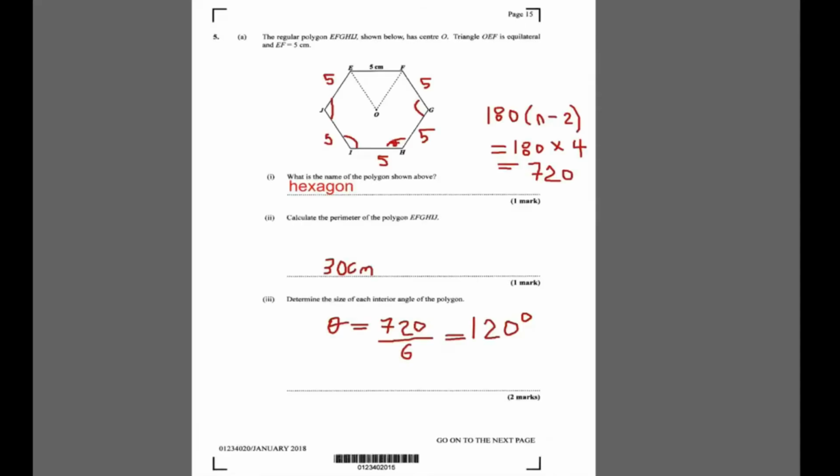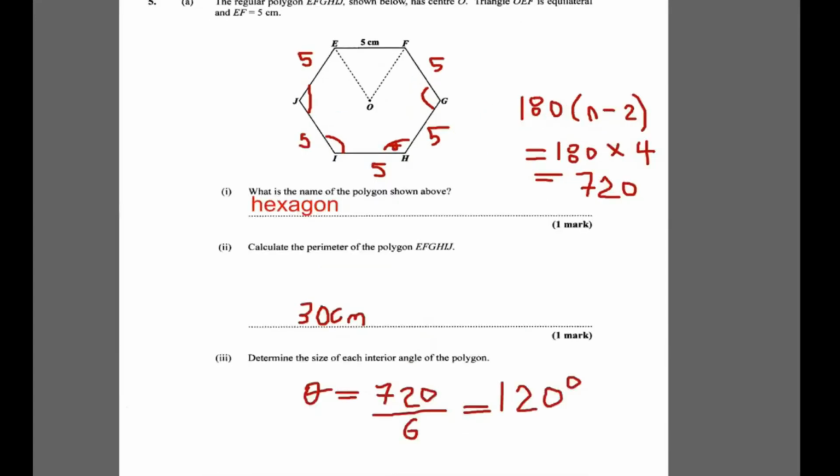Now it tells us to show by calculation that the area of the polygon to the nearest whole number is 65 centimeters squared. There are many ways you can find the area of the polygon.